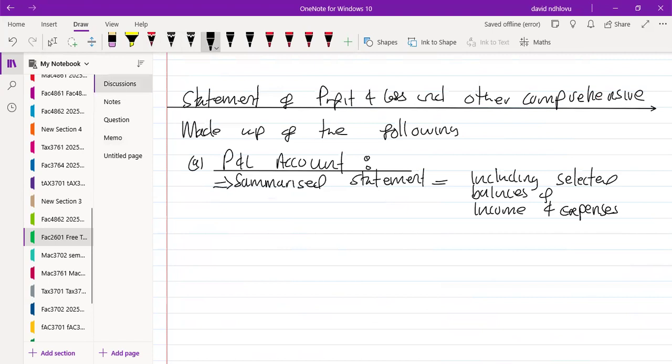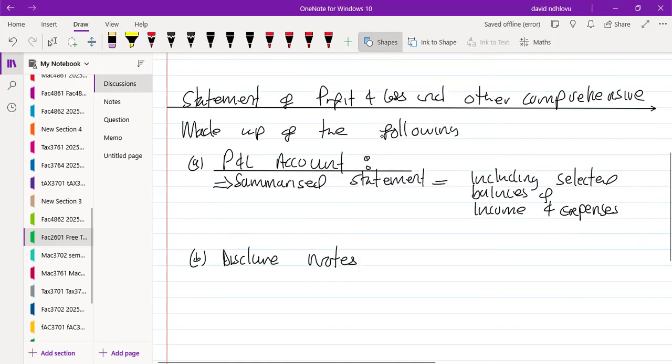Now, the statement then comes with what we call disclosure notes. Remember the top part there, which is the P&L, we were summarizing. However, some users of the financial statements may need to get finer details of the information contained in the P&L.